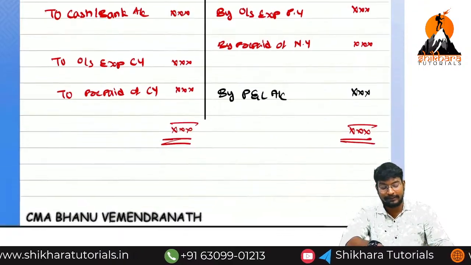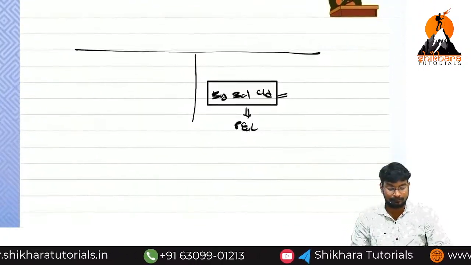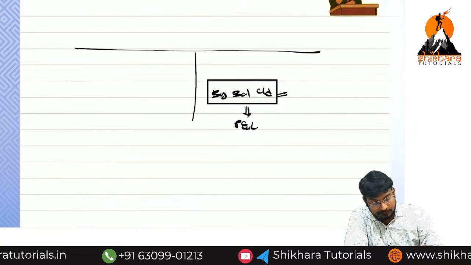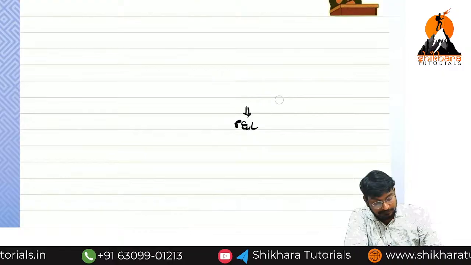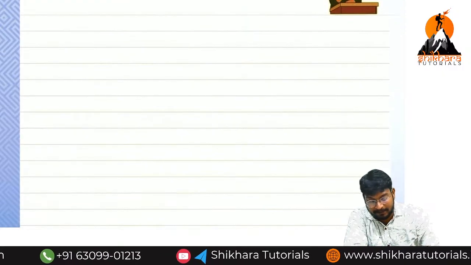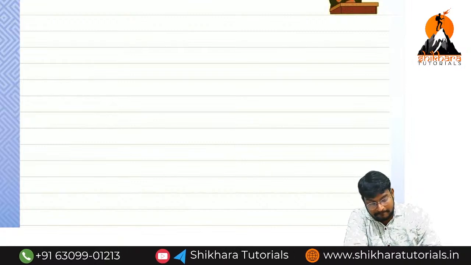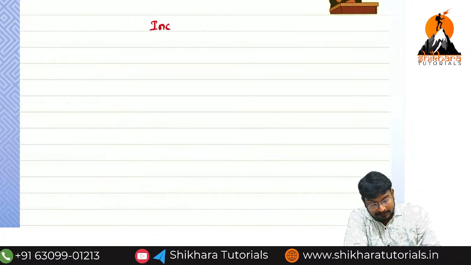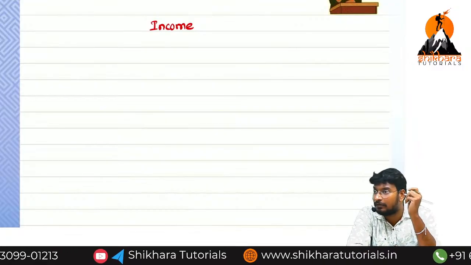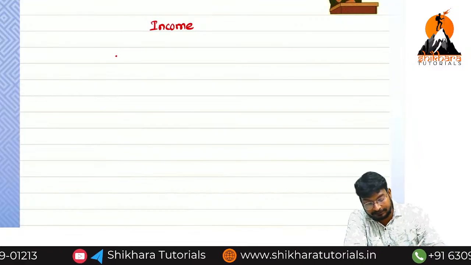Okay, next put the heading income account. After completion of this class, I will say. So next, in the income also, how many categories are we going to have? Three categories. What are they?